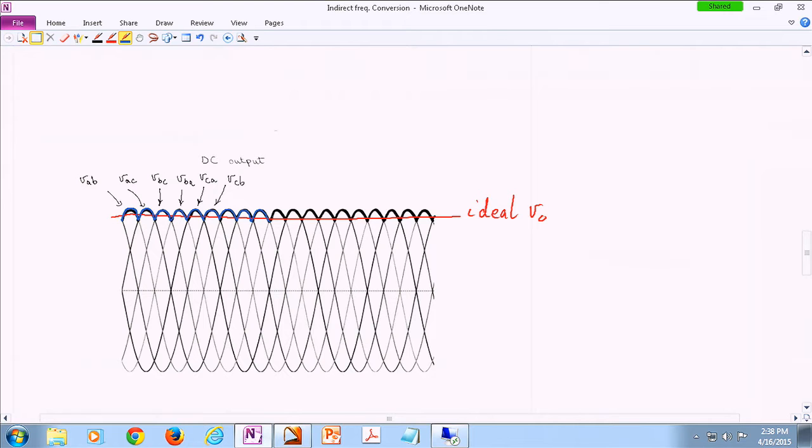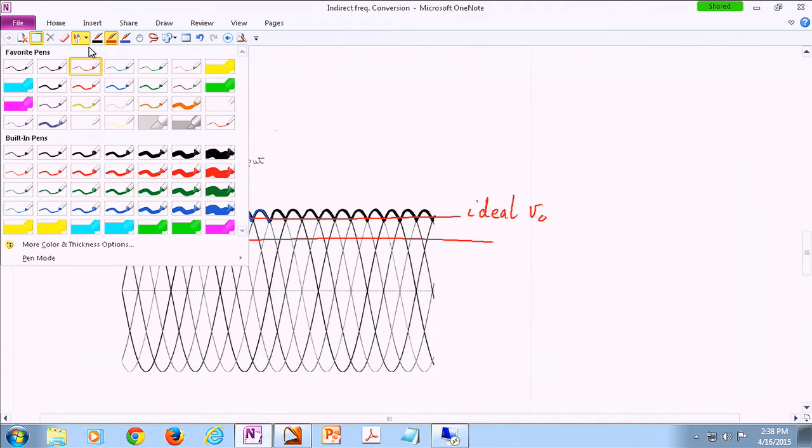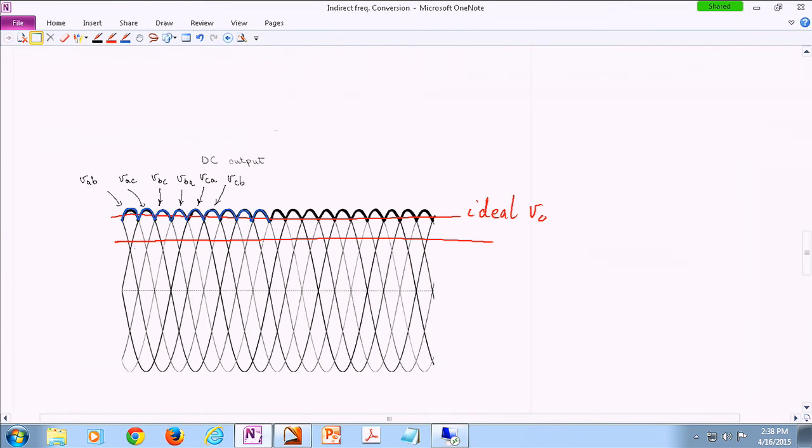Now, if you say, oh, wait a minute, I didn't want this output voltage, I wanted an output voltage that was a little bit smaller than this. For instance, something like this. Then what you've got to do is follow this pattern. Let me see if I can choose it. You can, for instance, follow this line, then follow this line, and then, for instance, jump up.